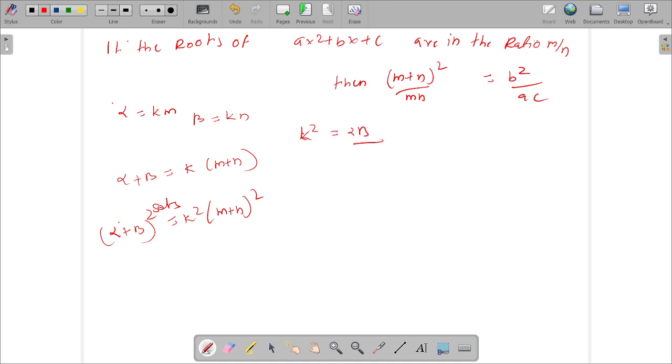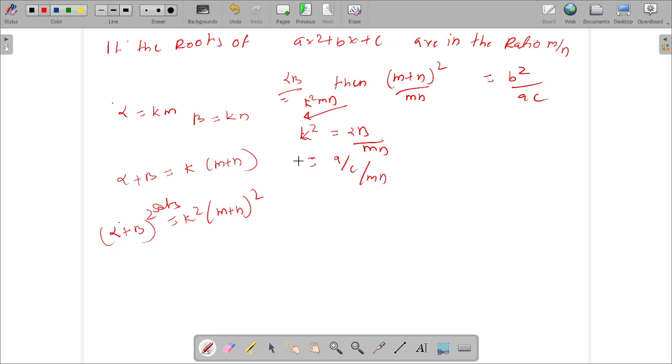If you write the product alpha beta, product of the roots, that equals k square mn. So from here k square equals alpha beta by mn, and the product of the roots is c by a, so k square equals c by a mn. Okay, na? So this is the value of k square.